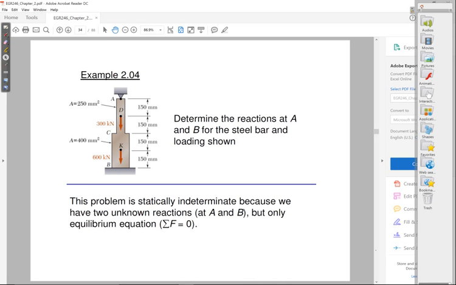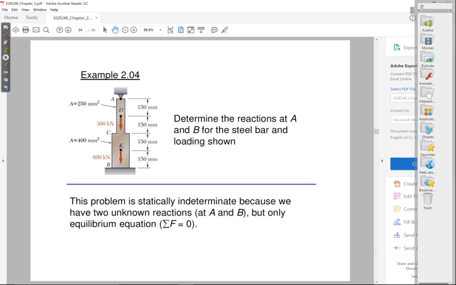But now, instead of having one end free and one end fixed, both ends are fixed. In statics, you would not be able to solve that problem. So if you look at this example here, what would you be asked to find in statics?